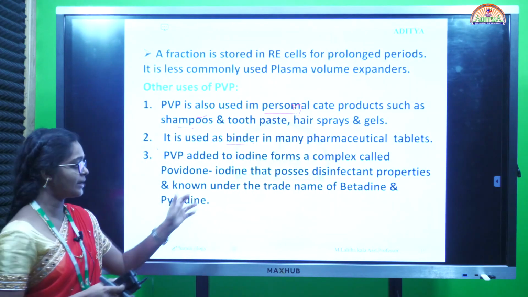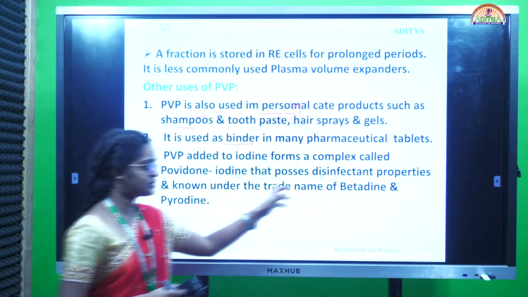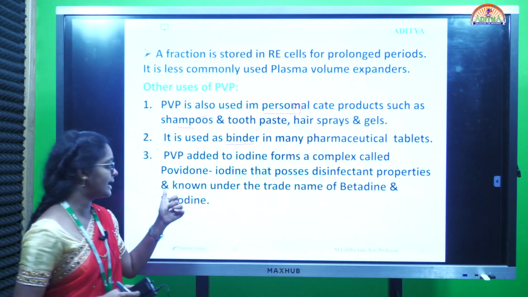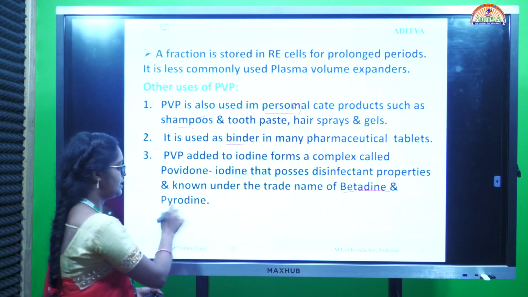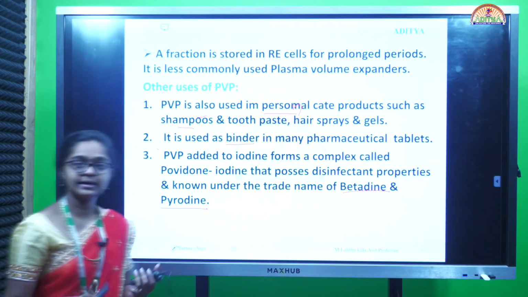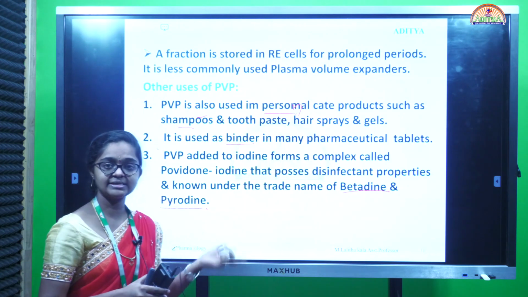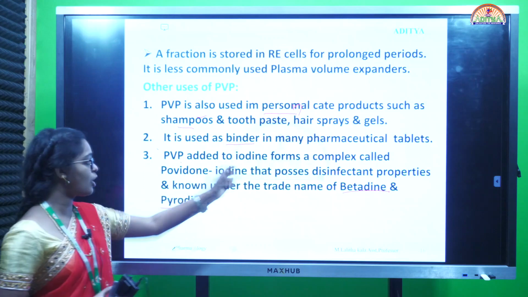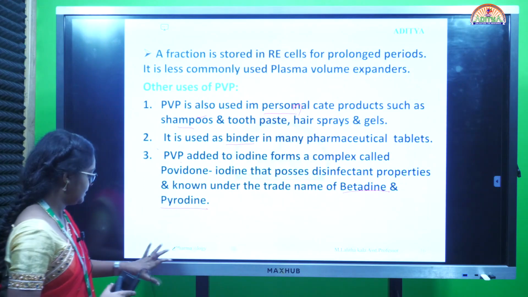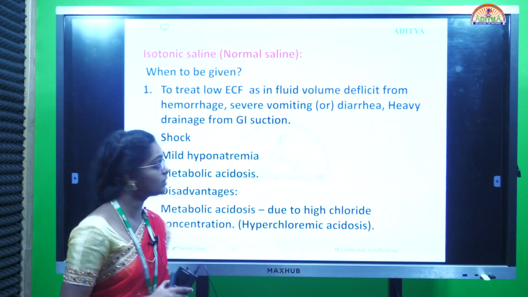PVP added to iodine forms a complex called povidone iodine that possesses disinfectant properties and is known under the trade name Betadine. These are the important points and uses of polyvinyl pyrrolidone.